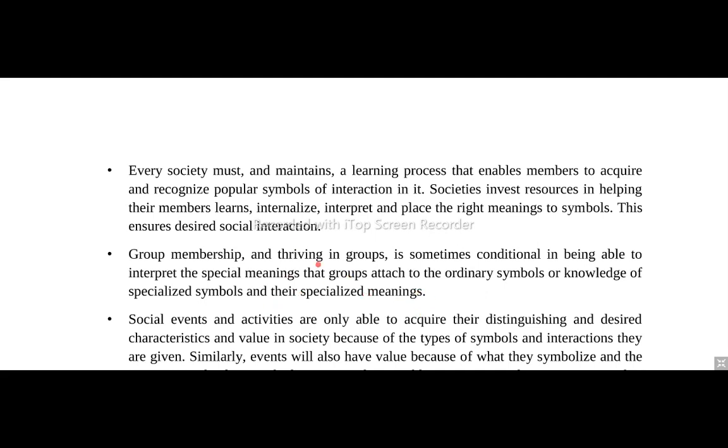If you have been a member of maybe a peer group or a camp like the Scout or Girl Guide, they have some symbols that you must know their meanings and the conditions that must be met so that you may be able to thrive in that group.